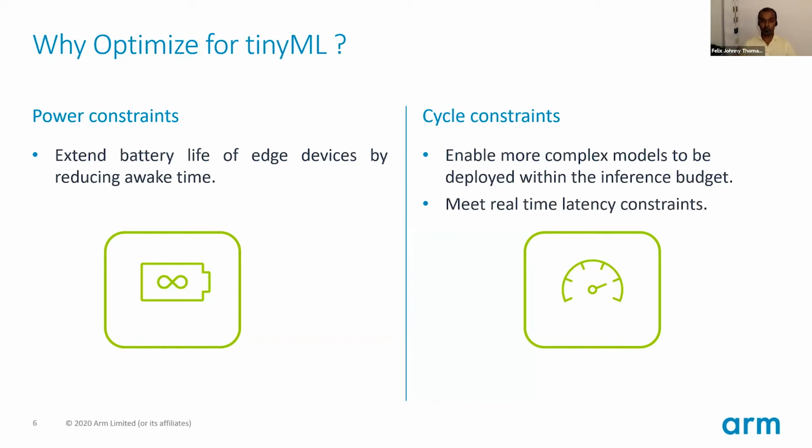That alone is a very powerful motivation to optimize for TinyML. And on the cycle constraint aspect, it allows you to use more complex models within the same inference budget. And if you have real-time constraints, it helps you to achieve that as well. So those are the top 2 reasons that I would consider on why you should optimize for TinyML.